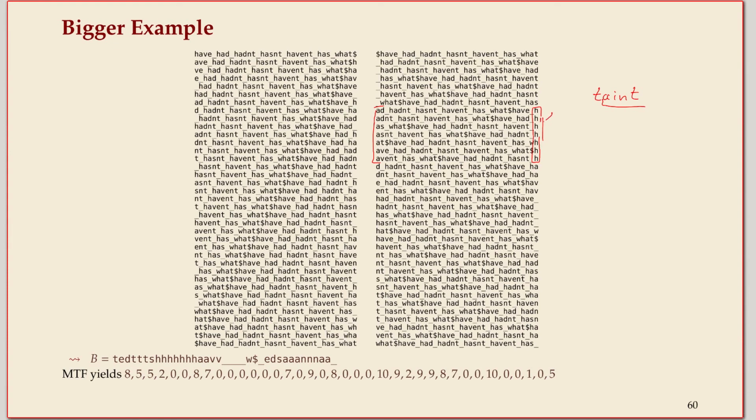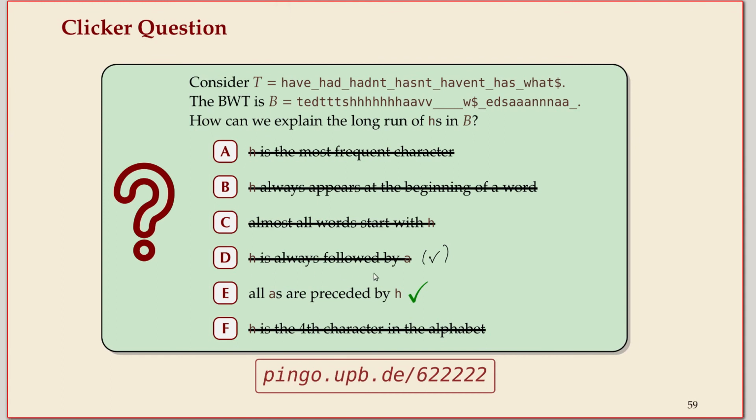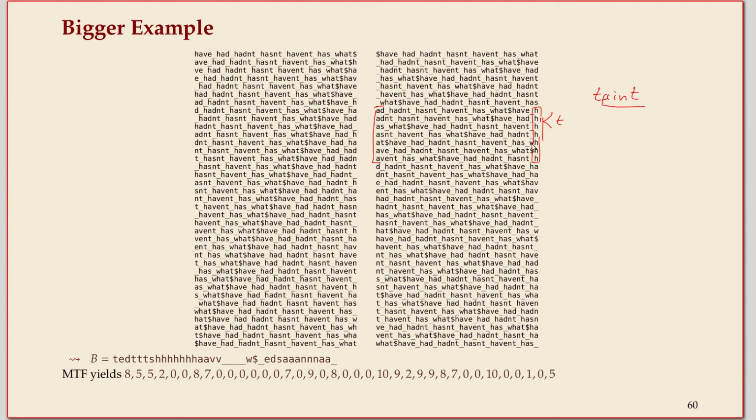So in between these two, we would have seen a T. The fact that we do not have a T here is not because H is always followed by an A. That would have been true in this list too, but it's more that all A's are preceded by an H. So there's no other character like this T that also precedes A and which would also be inserted somewhere here in this list. That's the precise reason why we see this run of H's here.